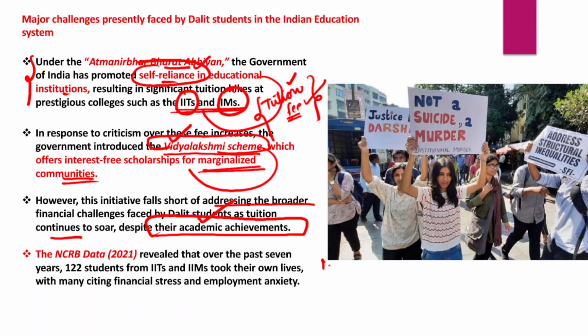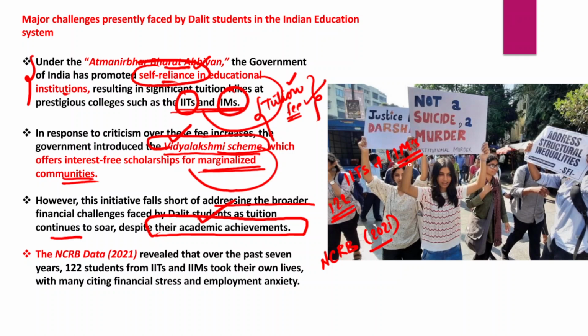And here the National Crime Records Bureau data of 2021 has highlighted that over the last 7 years, around 122 students from IITs and IIMs have committed suicide because of various reasons, right?